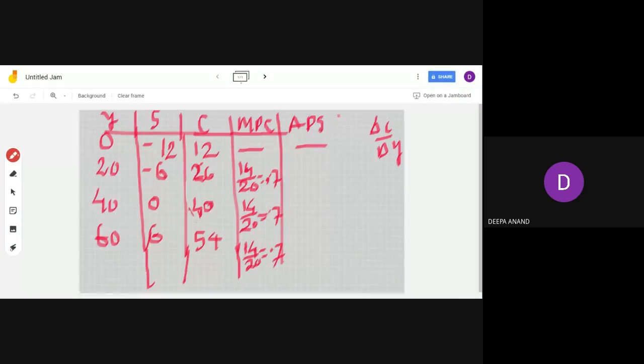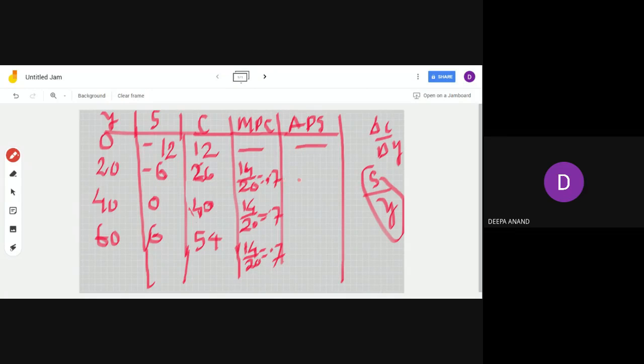What is the formula for APS? Saving upon income. Here the saving is minus 12, division by 0, it is ill-defined, so leave it. Your income is only 0.